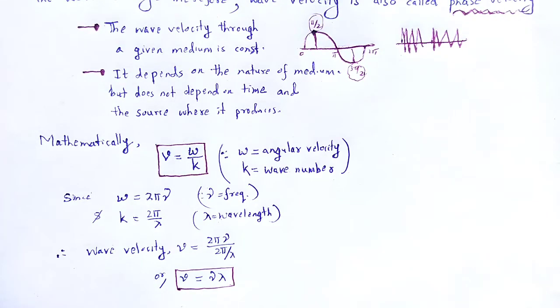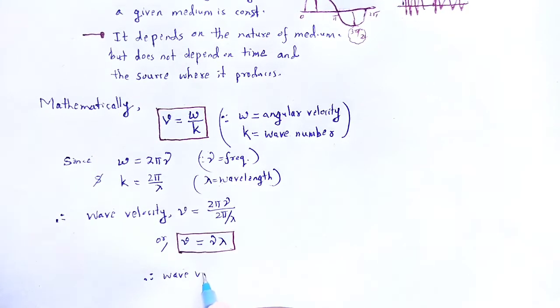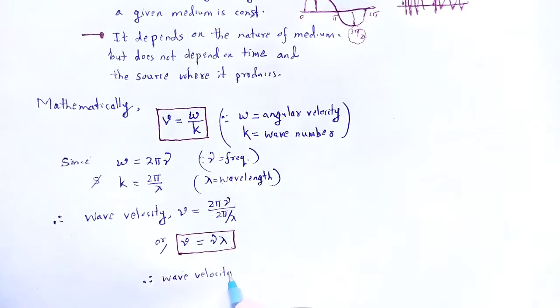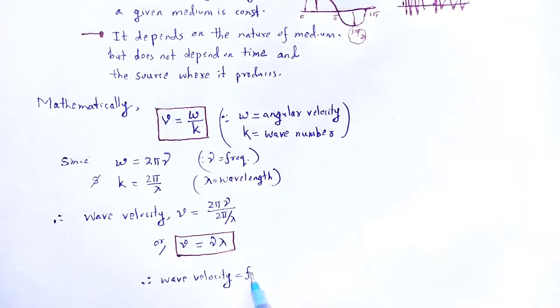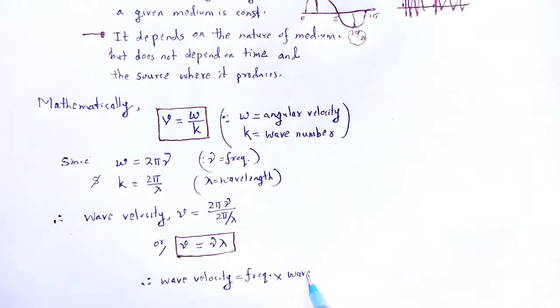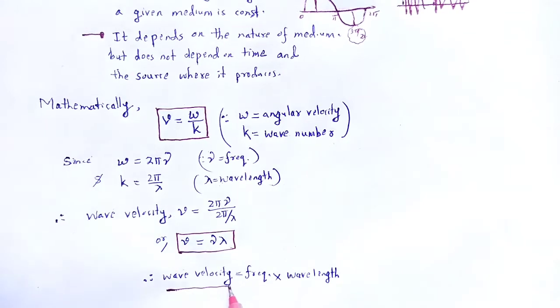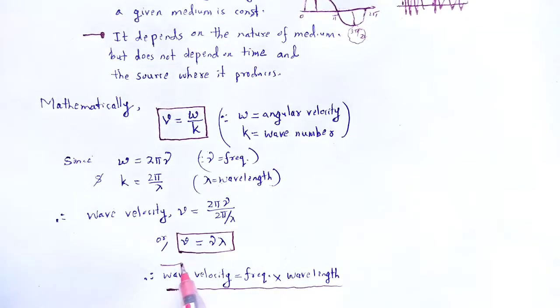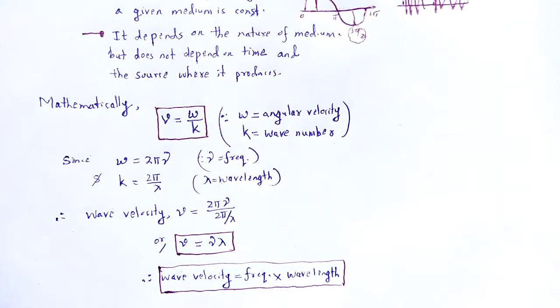That means the wave velocity is equal to the frequency times the wavelength.